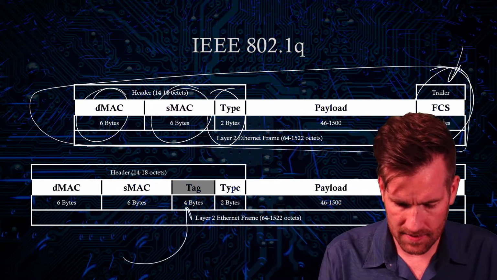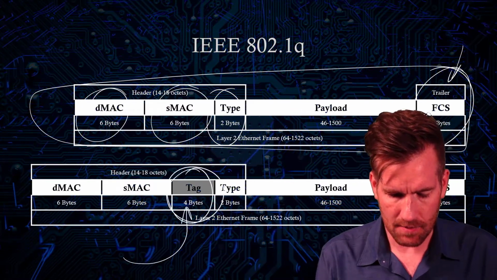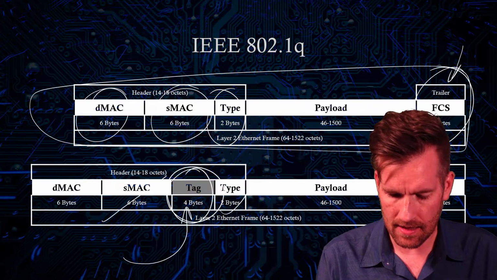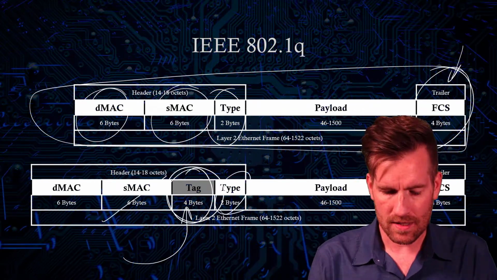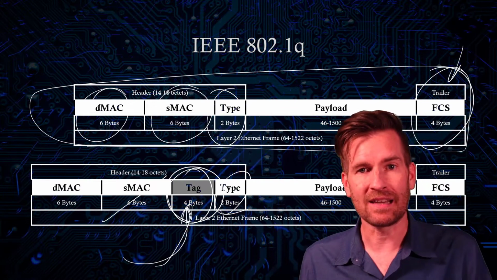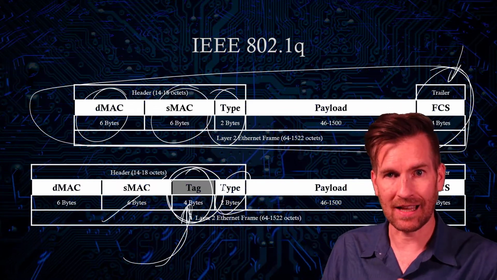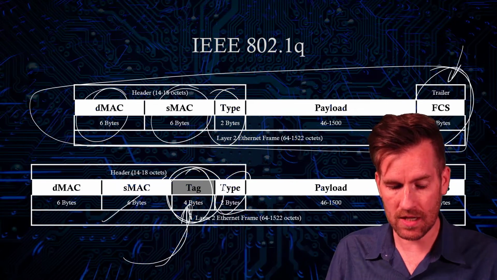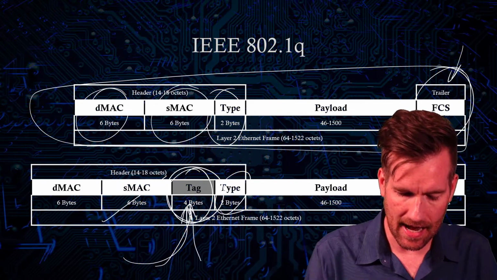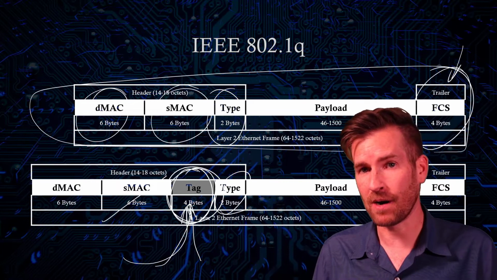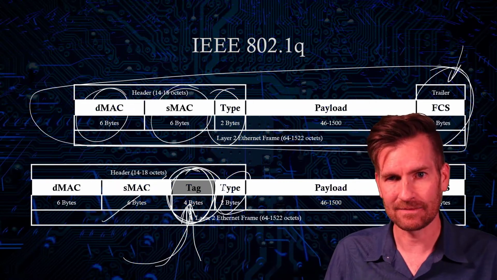So right here, we've slipped in the tag between the source MAC address and the type field. We slip in that tag with that VLAN information and then send it across that trunk line. And then it gets over to the other switch, and that other switch sees that, aha, I know what VLAN this is a part of because I can see the tag.